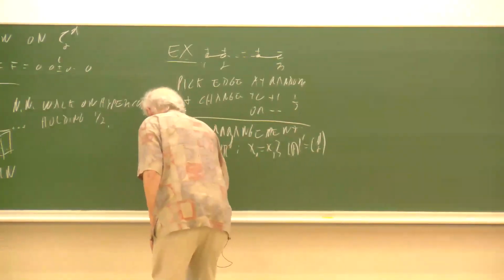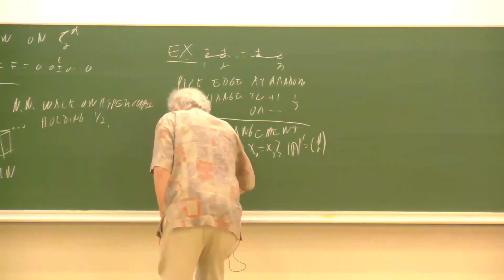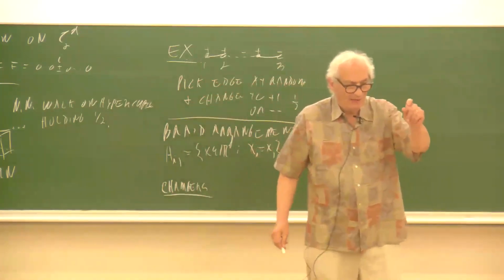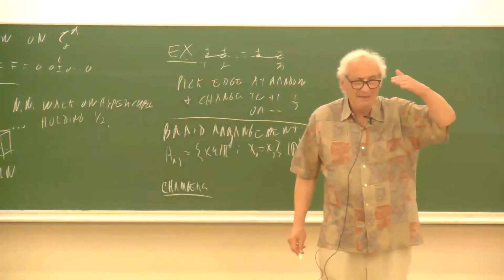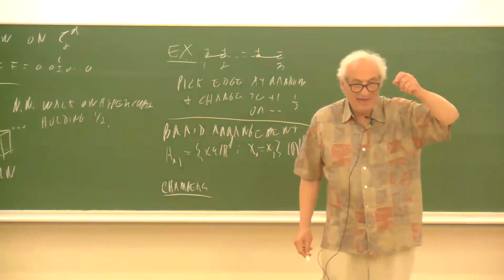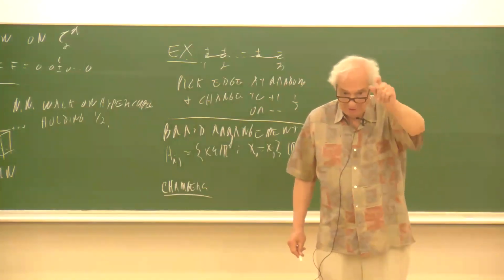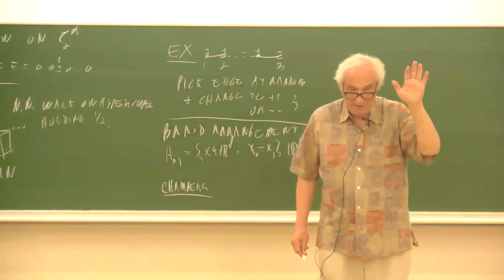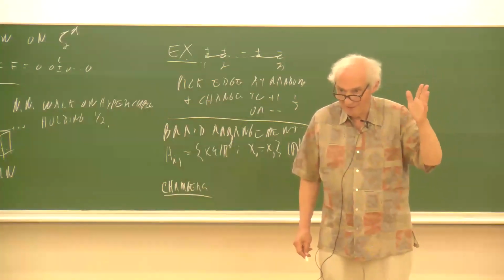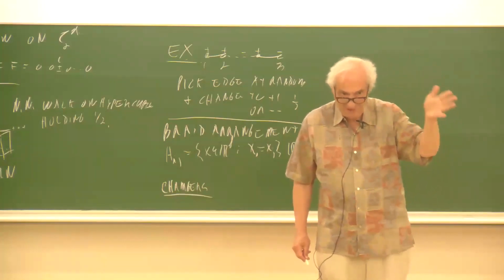The chambers. A point is in a chamber if it's not on any of the hyperplanes. That means that none of its coordinates are equal. That means that the relative order is fixed throughout that chamber. So you can label the chambers by permutations. So the chambers are indexed by permutations, and there are n factorial chambers.